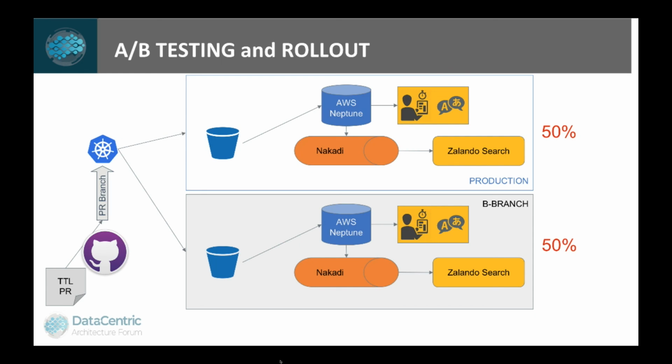And that pull request branch is then picked up by another team different to us, which is only responsible for all the A/B testing that's happening in Zalando. So we are not the only team that wants to do A/B testing. So they have a careful schedule of what is A/B tested when.